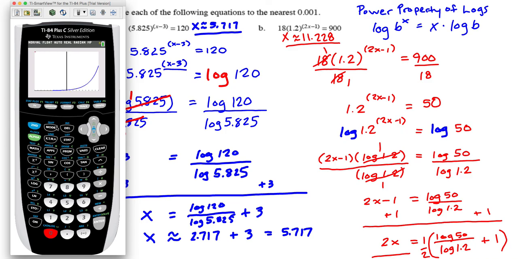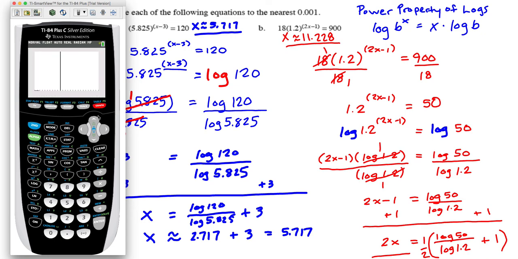And there it goes up, and it actually isn't even going to hit there yet. So let's just adjust our window. We know we're looking for our x value to be somewhere around 11, so let's make our x max 15. And then our y max, instead of 900, let's say 950.